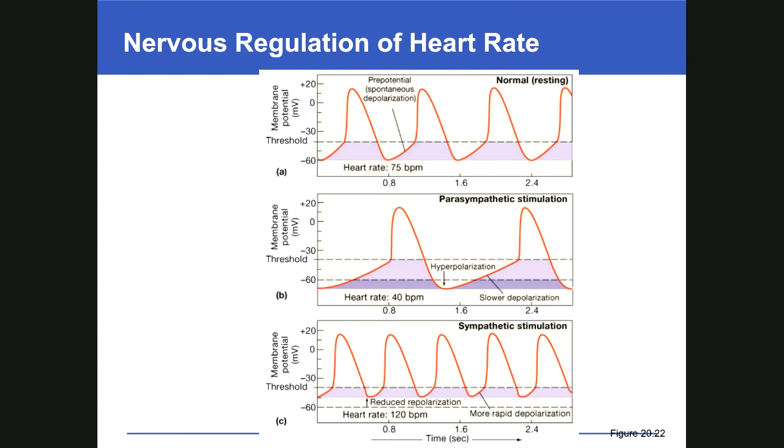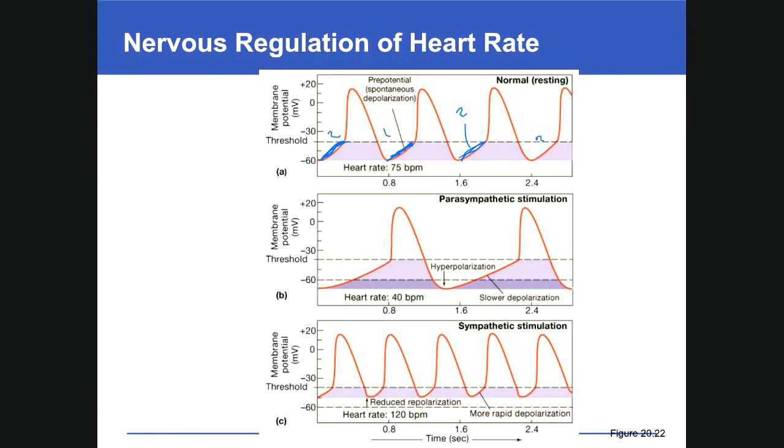Again, it has to do with how much time it takes to reach threshold. Look, it's exactly the same every time. And I don't know what that time is, but let's say it's 2. So look, 2, 2, 2, 2, 2.